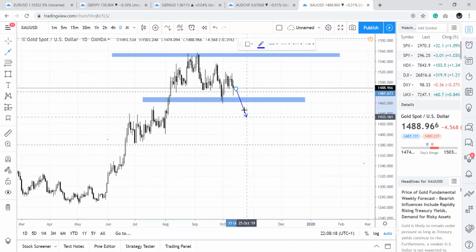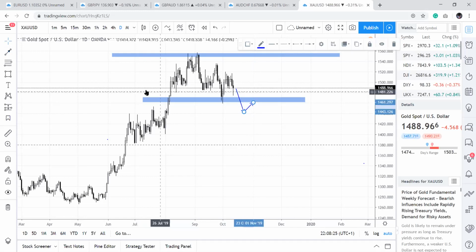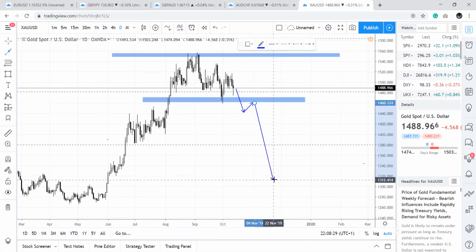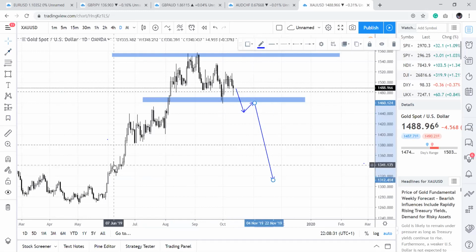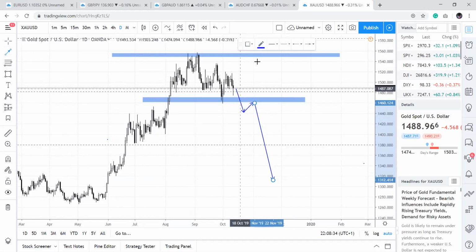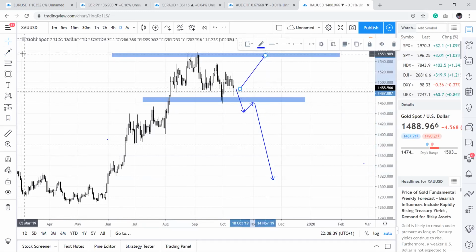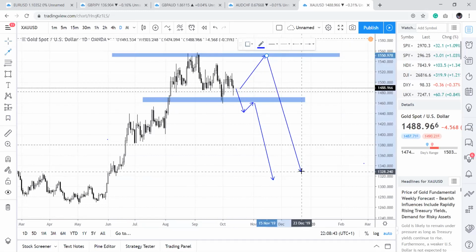Either it breaks here, it tests, and then I sell. That's my second option. But what I really would have preferred is for it to go back to where it's coming from. Go back to this point. And then from this point, I'll sell more. So once it gets to this point, I'll sell.